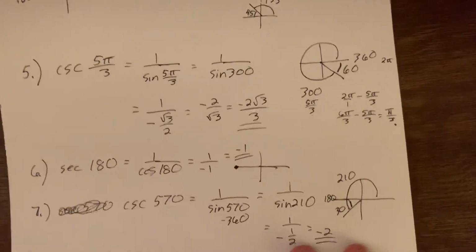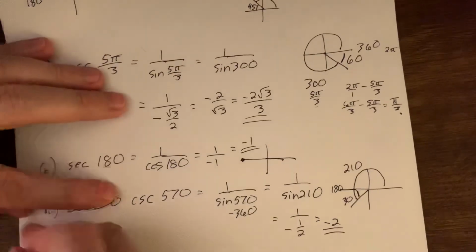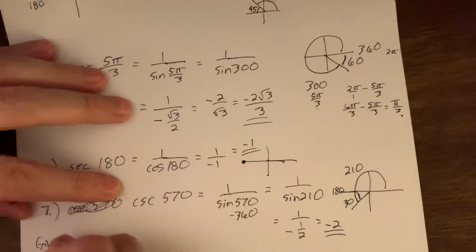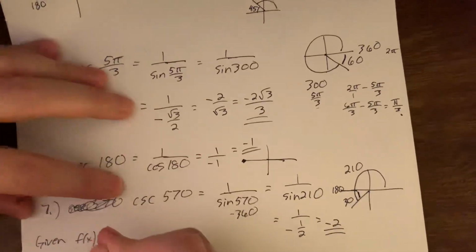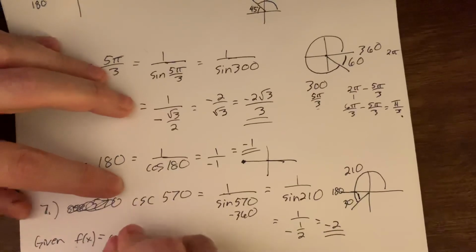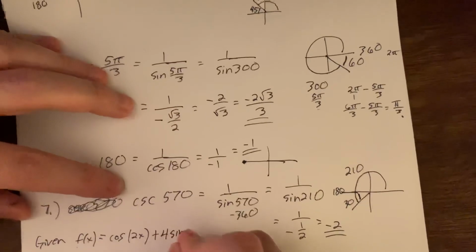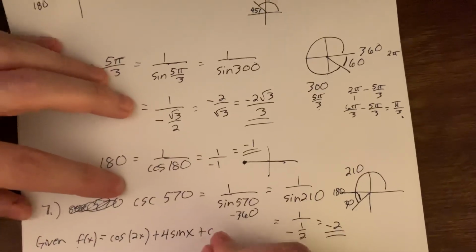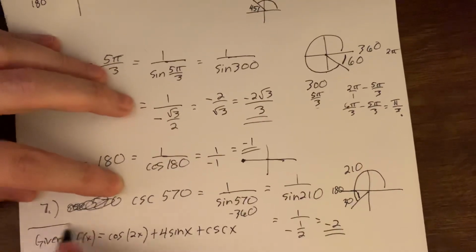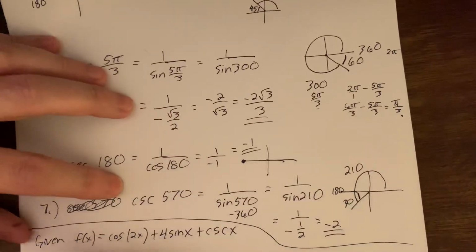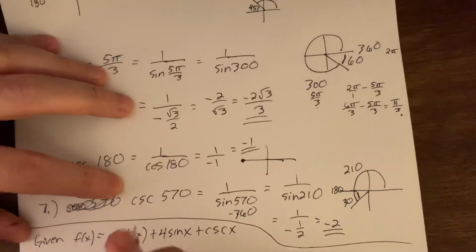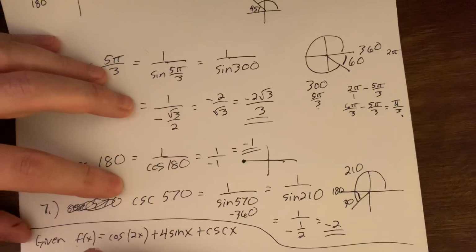So the last one here that could show up on a test or a quiz will have a slightly different form. Given f of x is cosine of 2x plus 4 sine x plus cosecant x. All of that is given information, and we're being asked to find f of pi over 6.